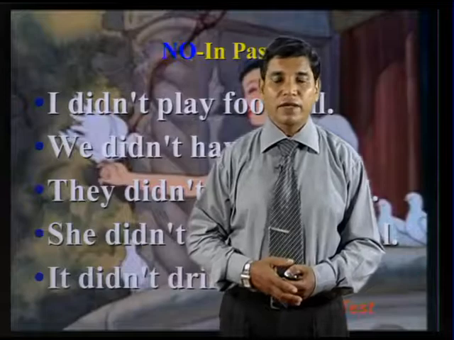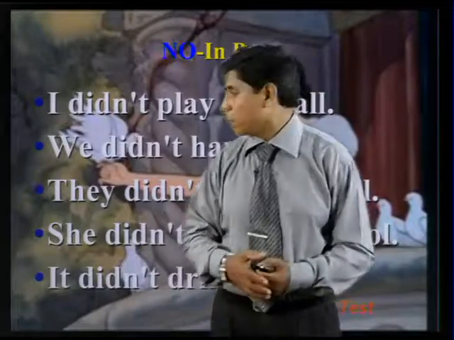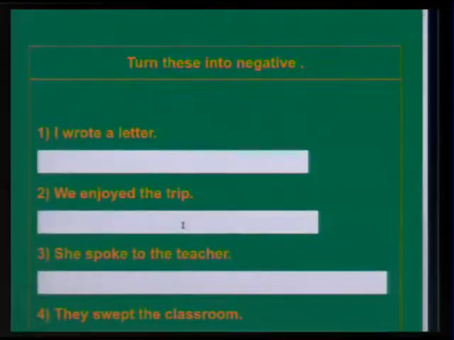Okay, right. Let's try another simple activity. Now you have some sentences given. All these sentences are positive. Yes sentences. So you have to make them negative, no sentences. I wrote a letter, that is yes sentence. You have to make it a no sentence or else negative.